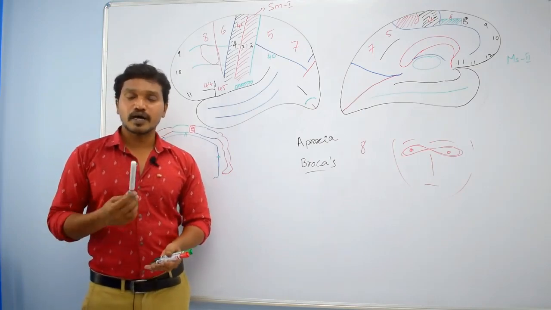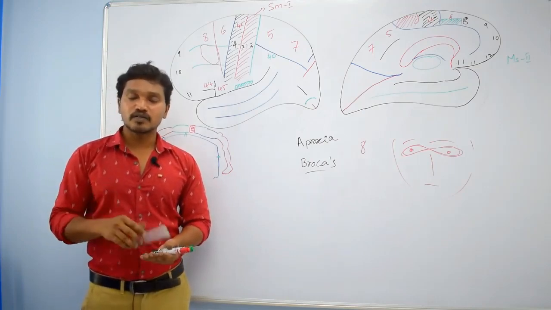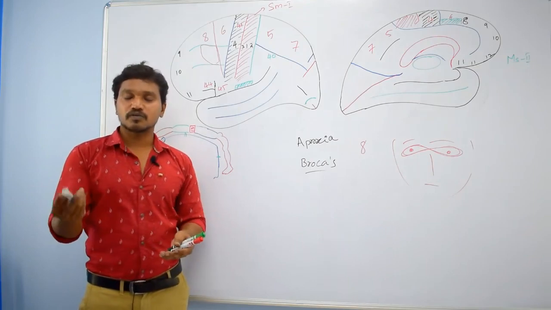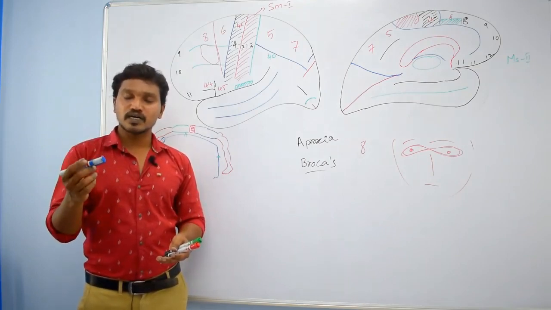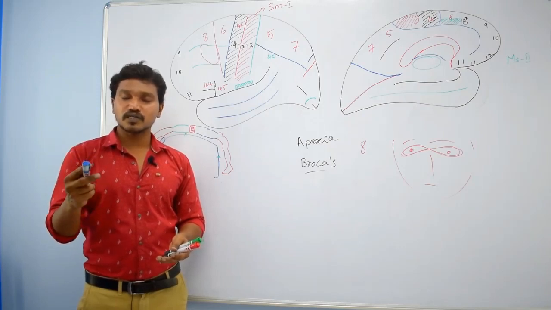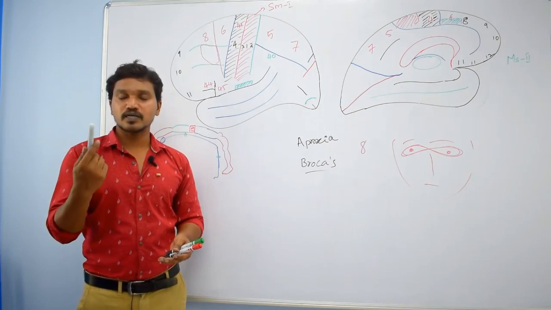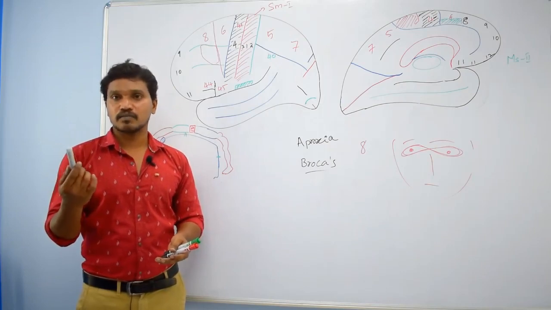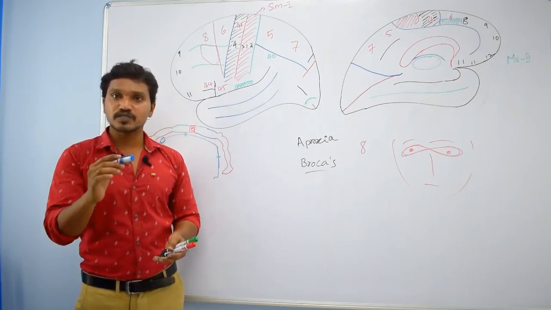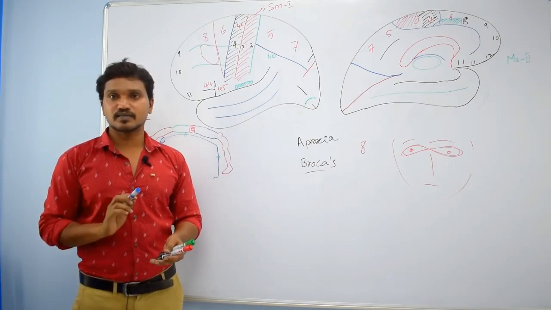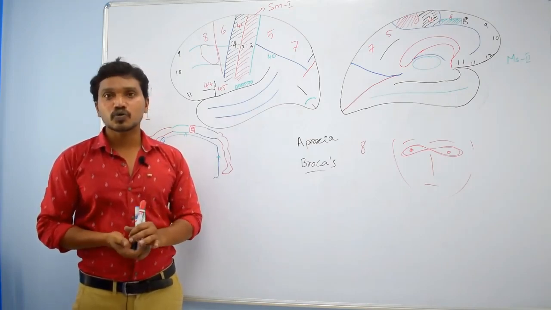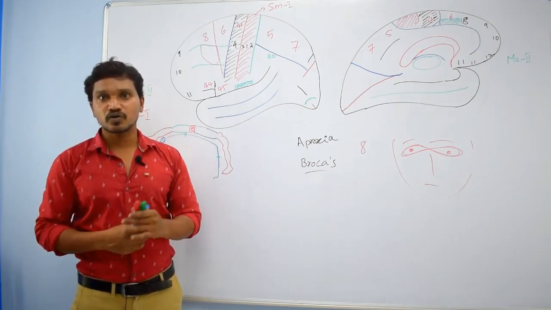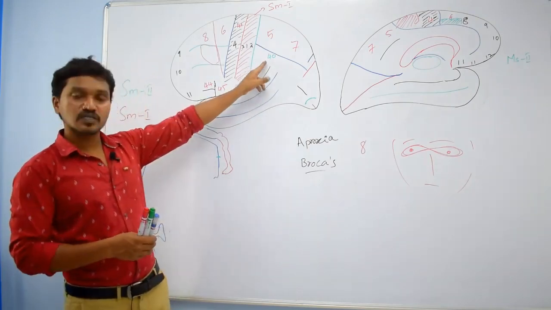I am closing my eyes, and if any one of you comes and gives me this object, I will touch it like this. I will feel the size, shape, texture and tone of this object, and I could identify it as a marker. That means identification of objects by means of touch sense. That is what we call stereognosis.